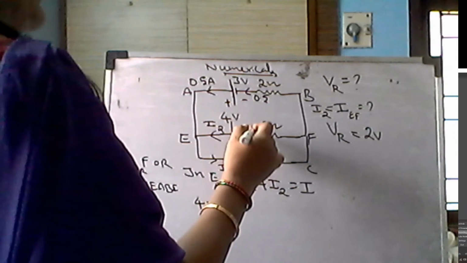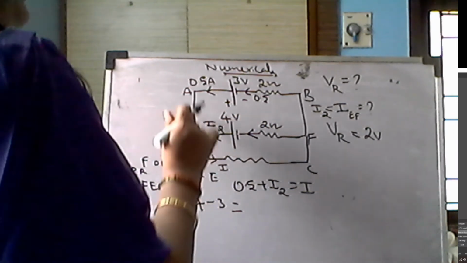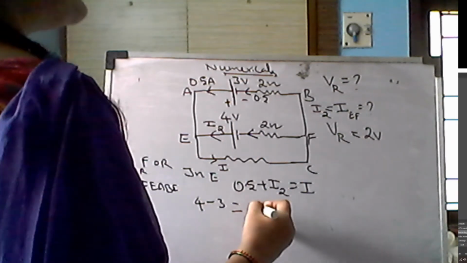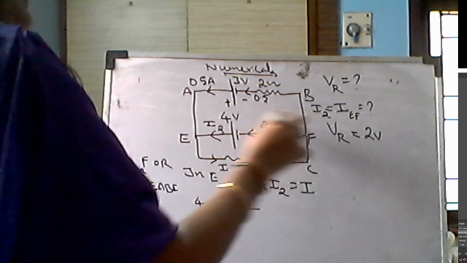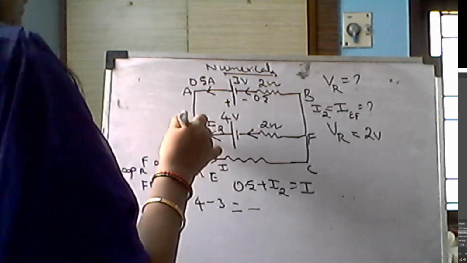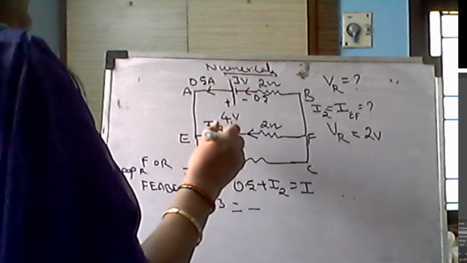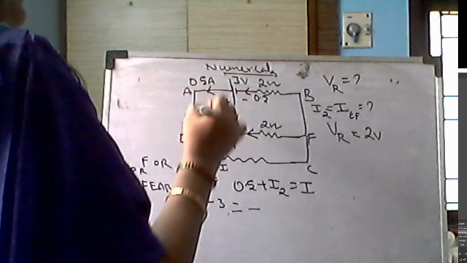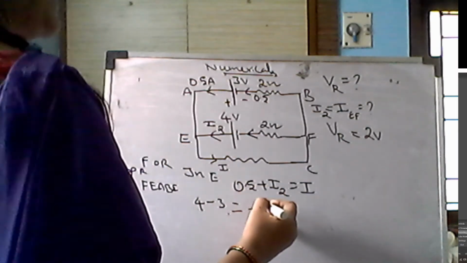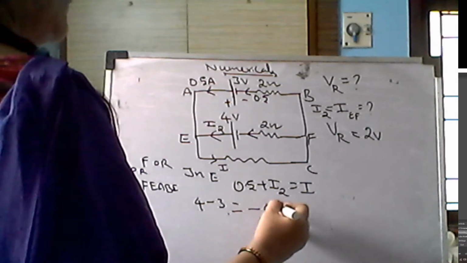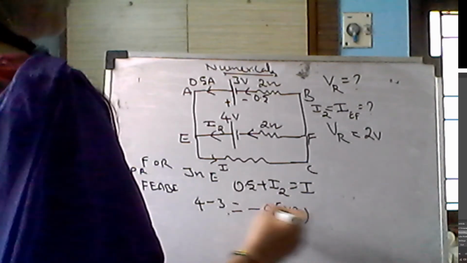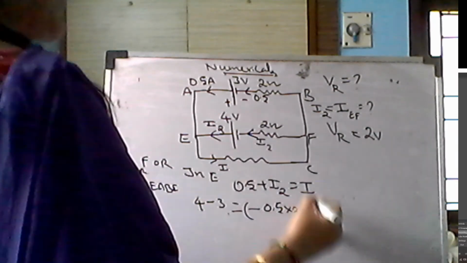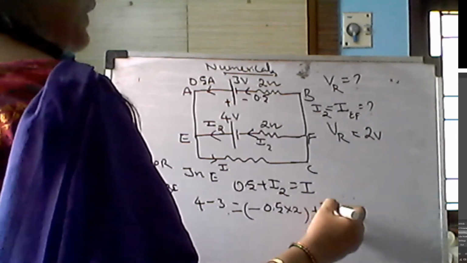it is going like that and like this. When you start from here, 4 minus 3 is equal to, here this is in the opposite direction, so minus 0.5 into 2, and here this is I2 along the same direction, so plus I2.